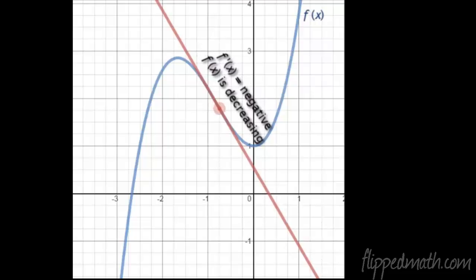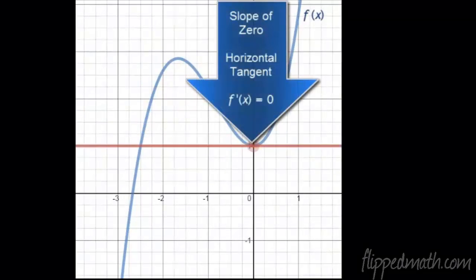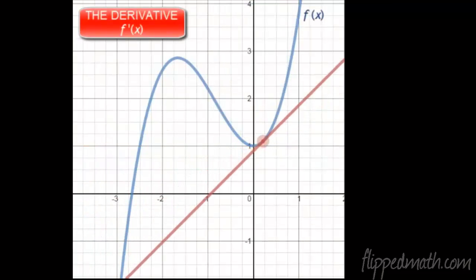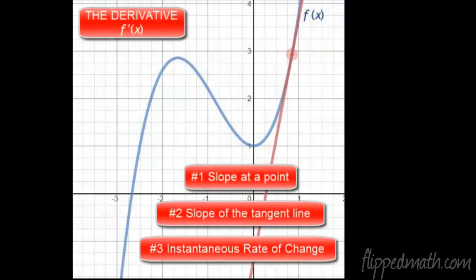So what does that mean if you have a negative derivative? Well, it means you are a decreasing function. So in this little area, I'm decreasing again until I hit this point up here. Boom, there it is, another horizontal tangent, and in this case it's actually a minimum point. So the derivative is the slope at a point, it's the slope of the tangent line, and is the instantaneous rate of change at that point.